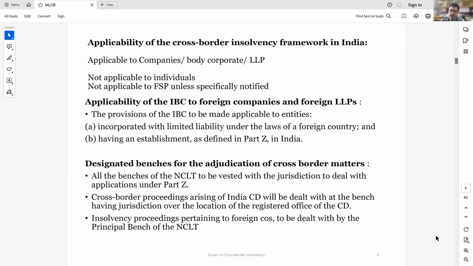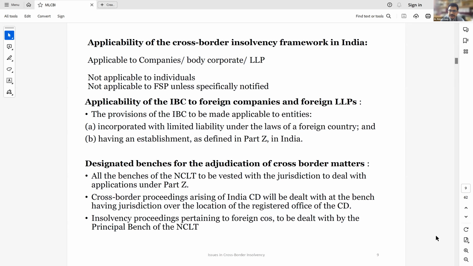At that time, the finance minister also mentioned that cross-border insolvency is important and it will be included in the IBC, but because at that time in 2016 there was a need to enact and pass the IBC, and it was felt the cross-border insolvency provisions require some more deliberation and detailed discussion on the point, only two provisions were included.